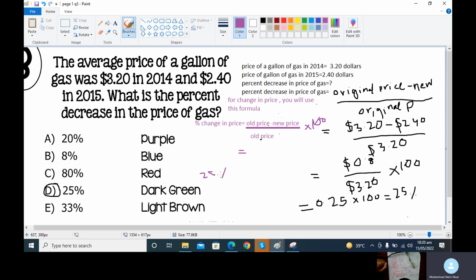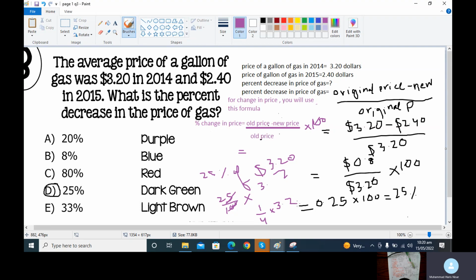Let me show you. 25% of $3.2 is 25 by 100 multiplied by 3.2. So it will be obviously 1 by 4, multiplied by 3.2.